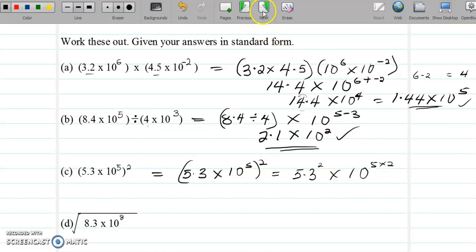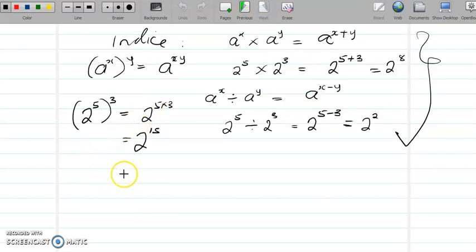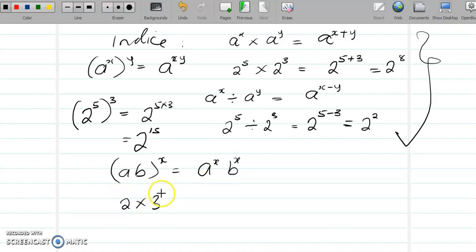Because if we are considering two numbers, if I have a times b, all to the power x, that means we have a to the power x and b to the power x. If I have 2 times 3, all raised to the power 3, this will give me 2 raised to the power 3 multiplied by 3 raised to the power 3. So expand this, and that's what we have.